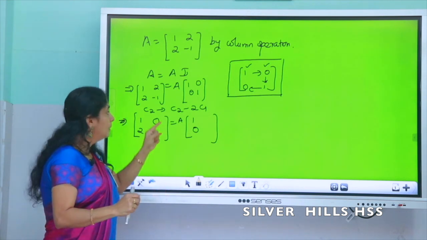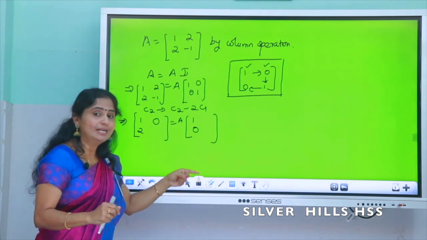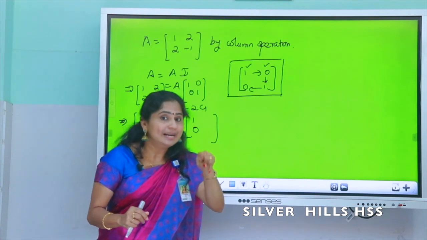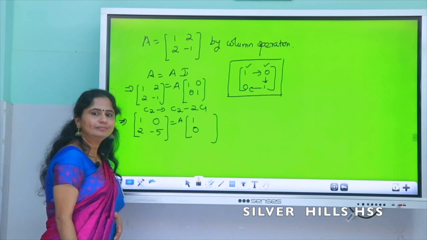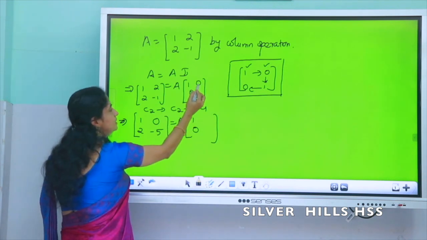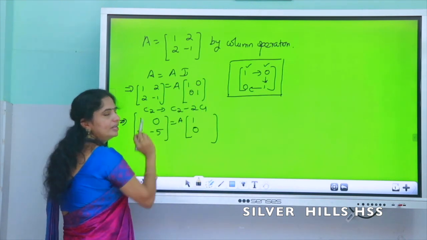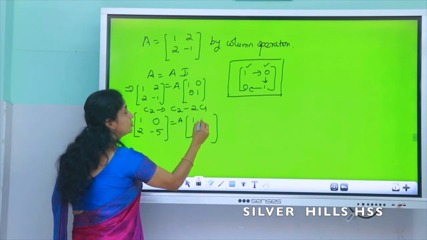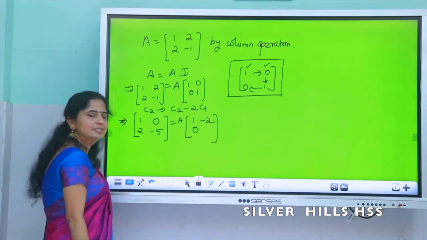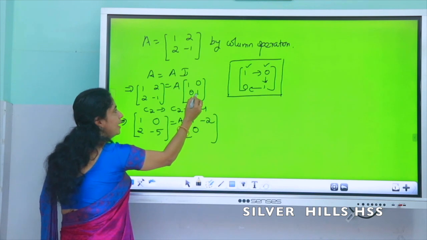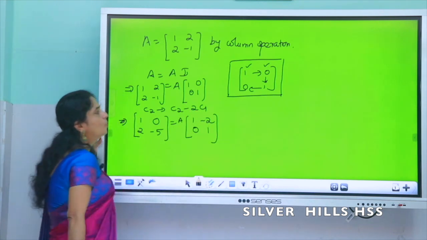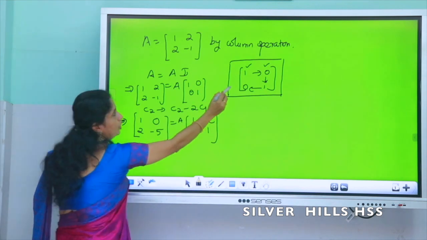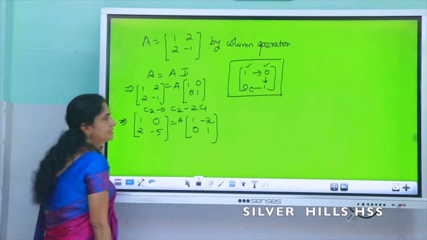Minus 1 minus 2 into 2, that is minus 1 minus 4. So what do we get? Minus 5. Similarly here 0 minus 2 into corresponding C1, 0 minus 2 into 1. So minus 2. 1 minus 2 into 0 is 1. We got 1, 0.